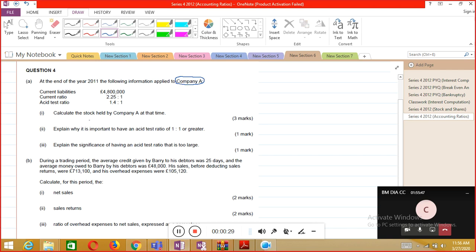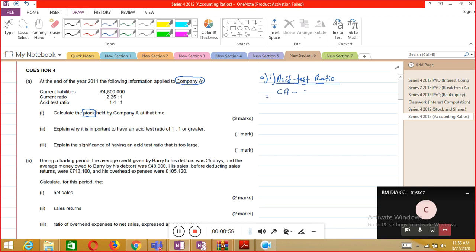A1. Calculate the stock held by company A at that time. So they wanted you to calculate the stock. We need to do some reverse calculation here. In your acid test ratio, the formula is what?